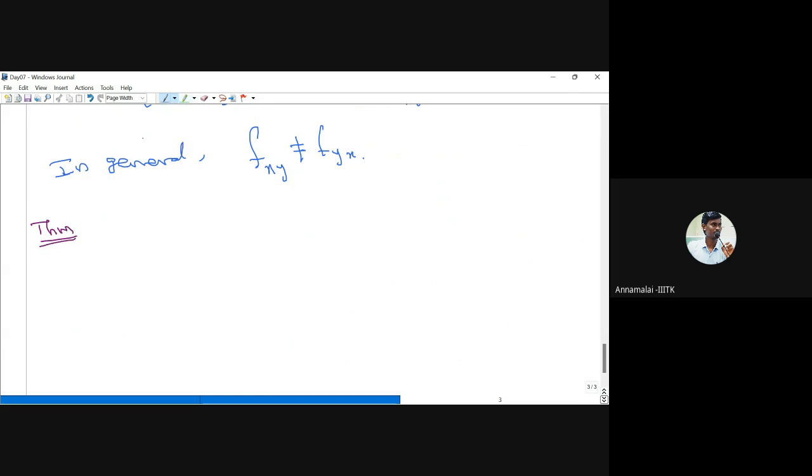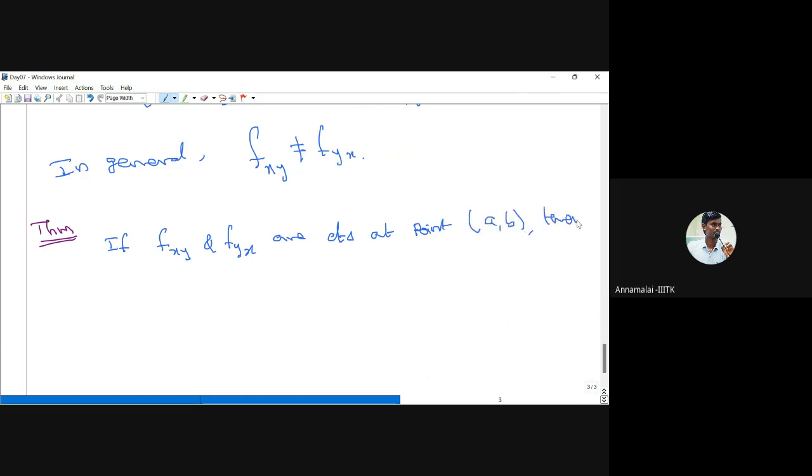The theorem says, suppose f of x comma y is a real valued function such that the second order partial derivatives fxy and fyx are both continuous at a point x naught comma y naught, say a comma b.